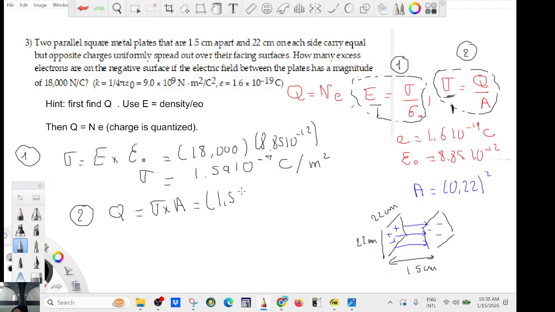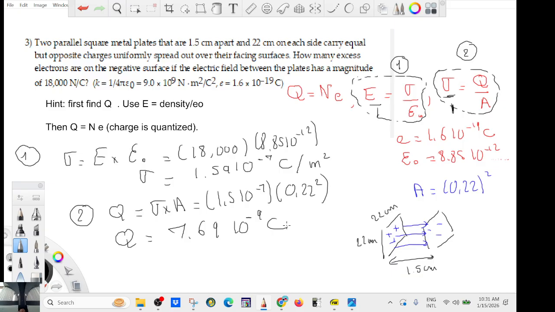So it's 1.5 times 10 to the negative 7 multiplied by 0.22 squared. I don't know, because I made a mistake. I used 1.5, which I should not. So what do you get? 7.69 times 10 to the negative... negative what? Negative 9.